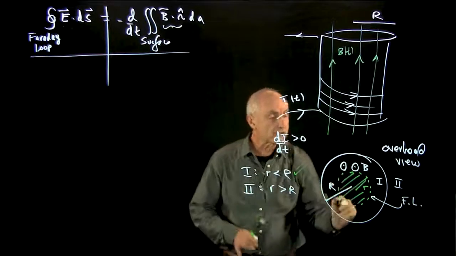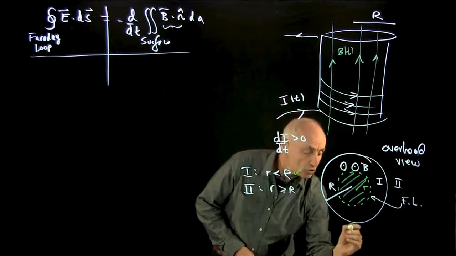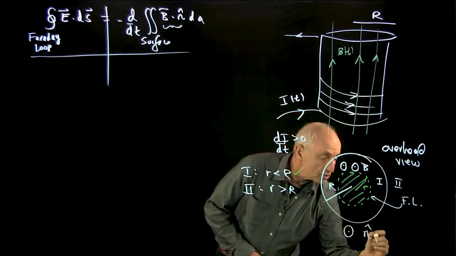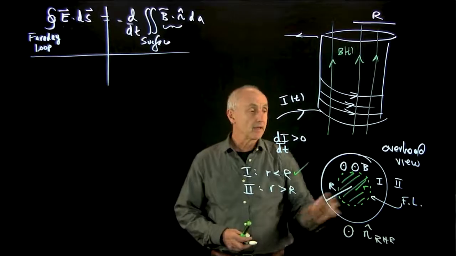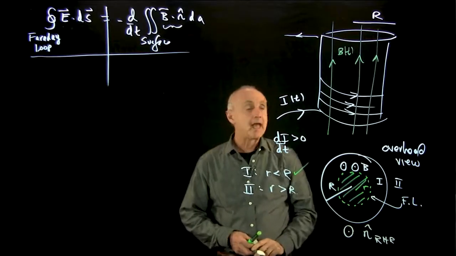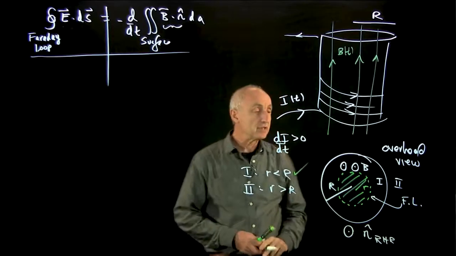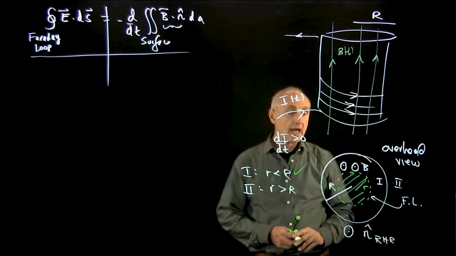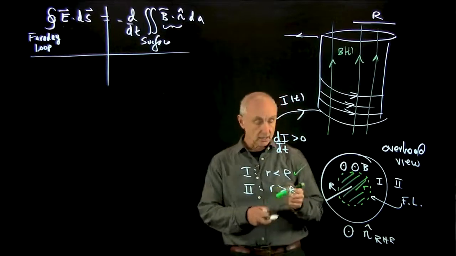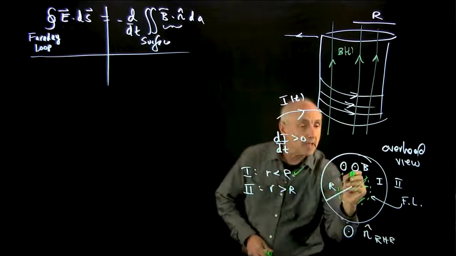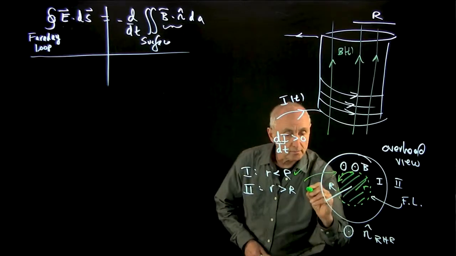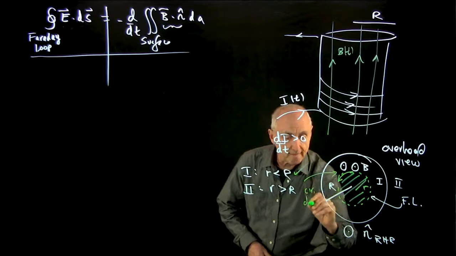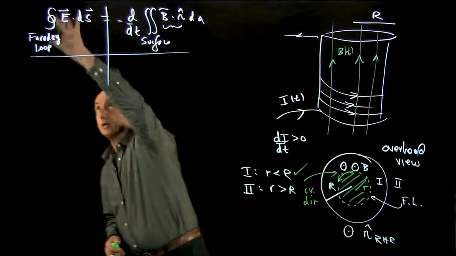To make our calculations straightforward, I'm going to choose a coordinate system in which my unit normal is pointing out of the plane of this figure. And because of that, the circulation direction has to correspond in this manner. So that's going to be my circulation direction on the line integral here.